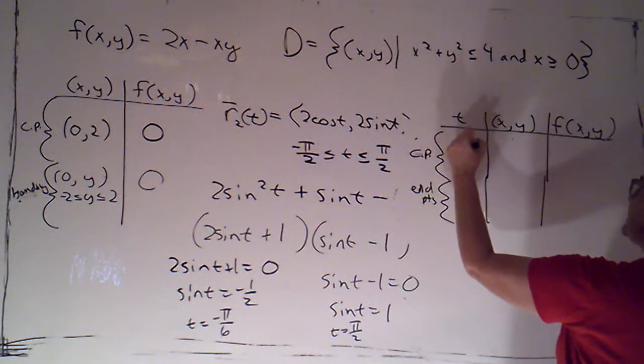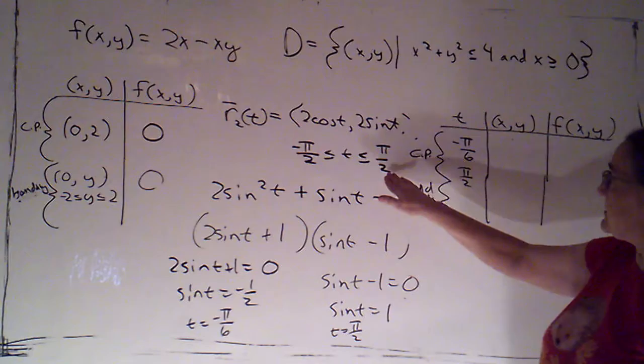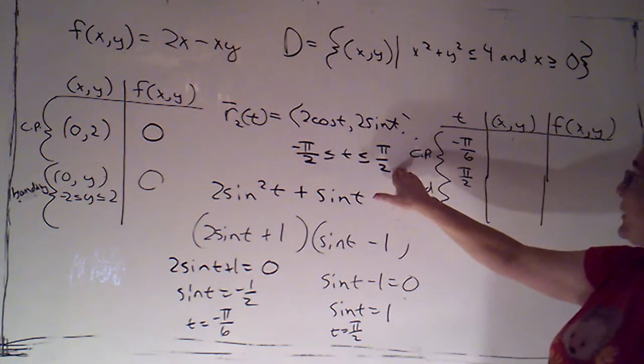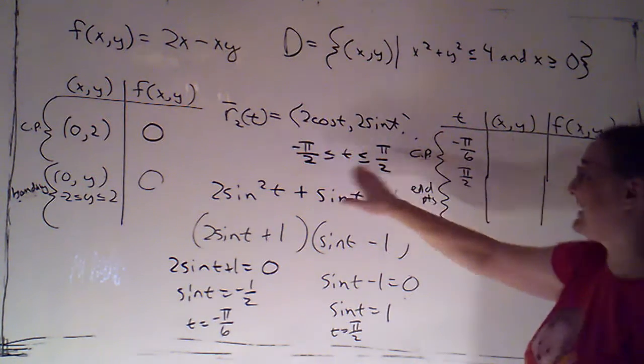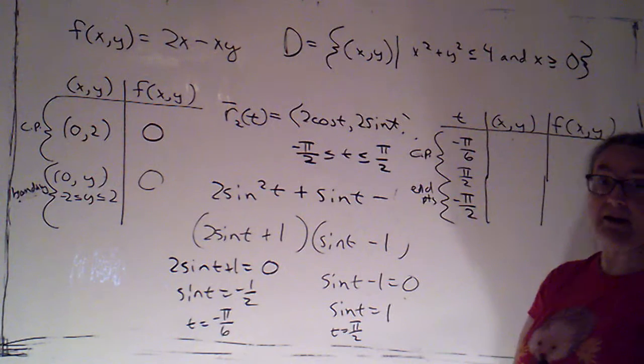Critical points will be when t is negative pi over 6 or pi over 2. My endpoints will be these extreme t values. Pi over 2 we've actually already got. It's both a critical point and an endpoint, but I would want to include negative pi over 2 as well.